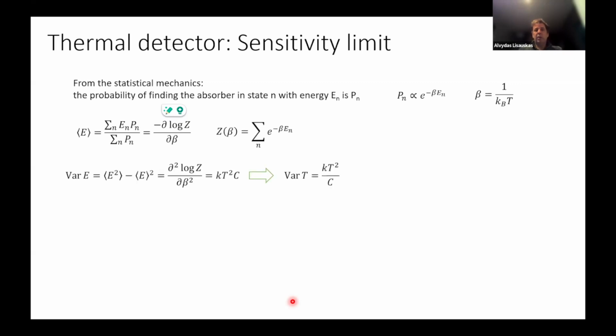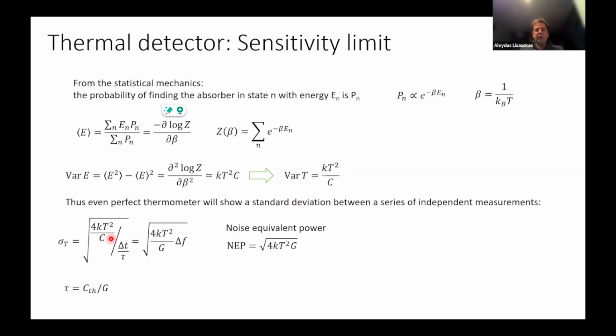From that, one can find that the temperature fluctuations, the variance of the temperature, based on the statistics of this device, is limited by the temperature, the Boltzmann constant, and the thermal capacity, the thermal mass of the sensing system. So this allows us very directly to find the standard deviation of the temperature and extract the noise equivalent power of it.